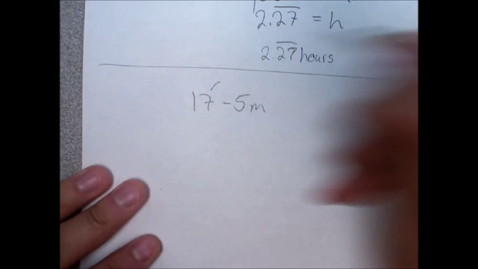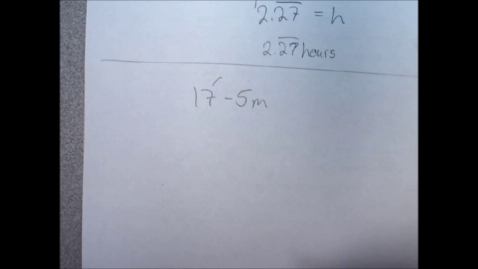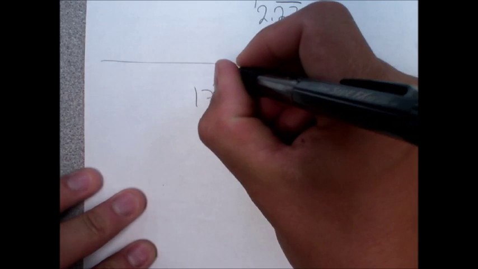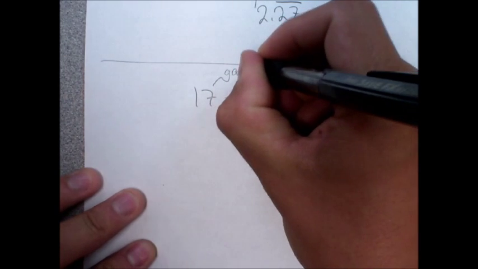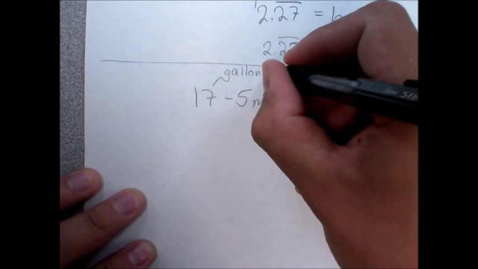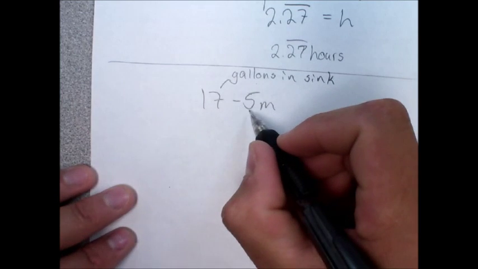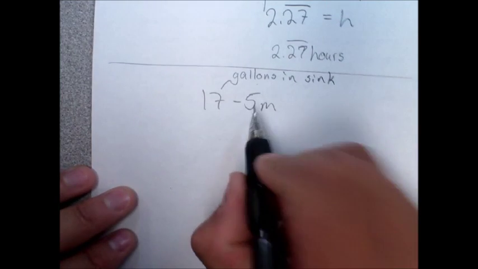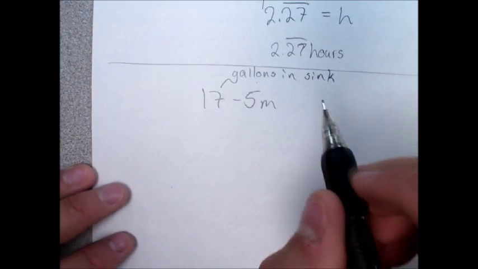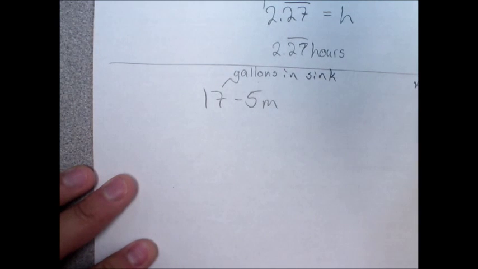17 stands for what, do you think? Gallons, but gallons where? In the sink. So, gallons to begin with, gallons in the sink. So what do you think this minus 5 is per minute? Because we already decided that m was minute, right?